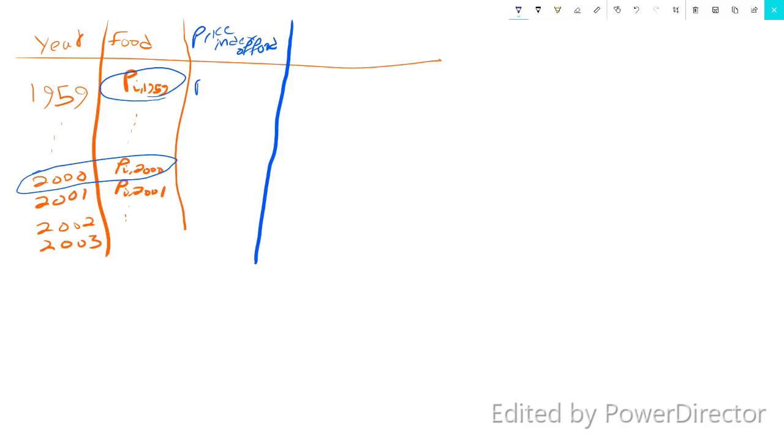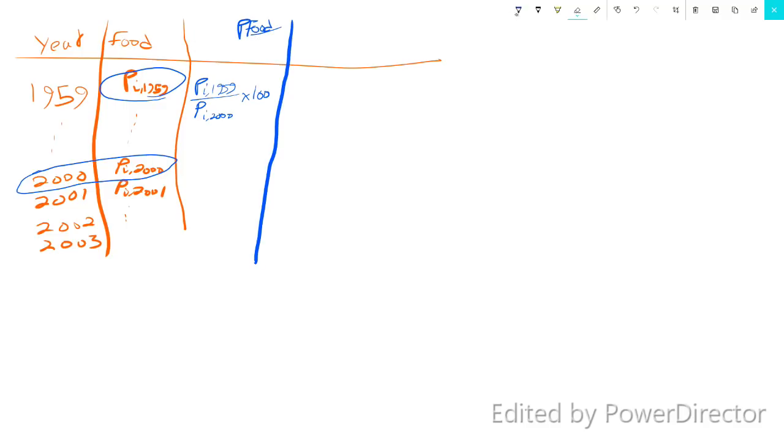So the price index is going to be given as PI 1959 divided by PI in year 2000, because this is our base year, times 100. So this will be our price index of food, which we're simply going to call P food.